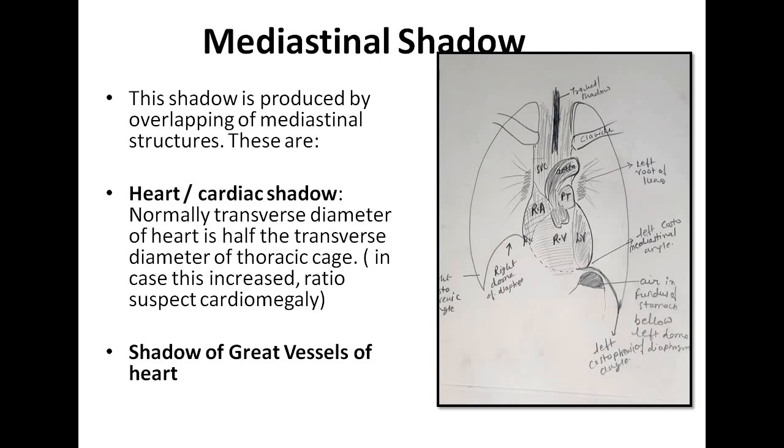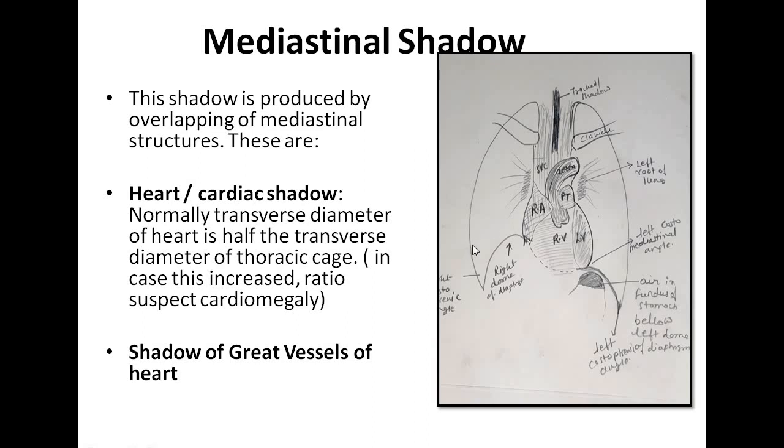This shadow is produced by overlapping of mediastinal structures. These are the heart or cardiac shadow. You can see in the center, this is the cardiac shadow. Normally the transverse diameter of the heart is half the transverse diameter of the thoracic cage.